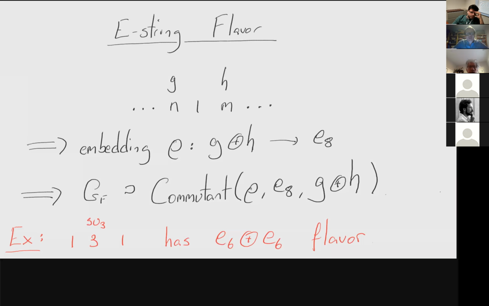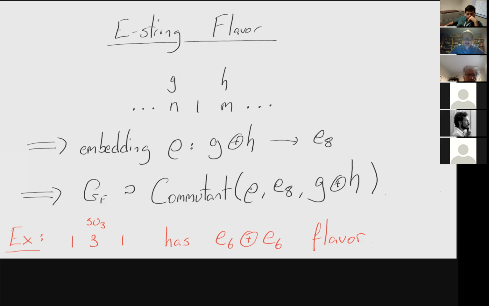So string flavor occurs when you glue two things together by a -1 curve. So I told you you had to choose a subalgebra G plus H of E8, and you can only glue things which are a subalgebra. So once you've fixed this embedding, there can be some leftover group that commutes with G plus H inside of E8. And in that case, this commuting subgroup is a flavor algebra of the theory.